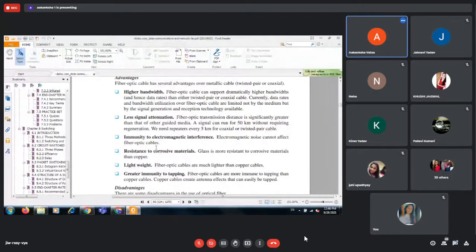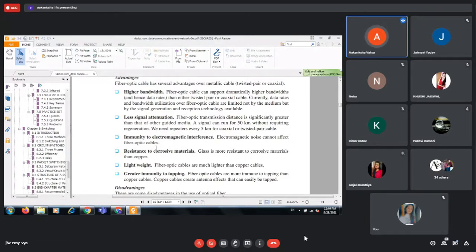But suppose you are transmitting important confidential data through coaxial cable, and you have a backbone or a communication network built using coaxial cables only, and you are sending confidential data through it.